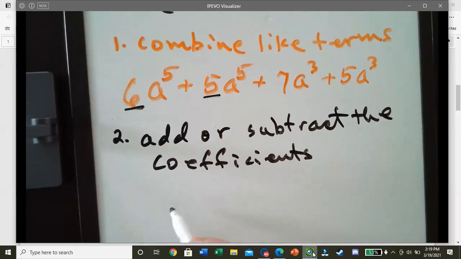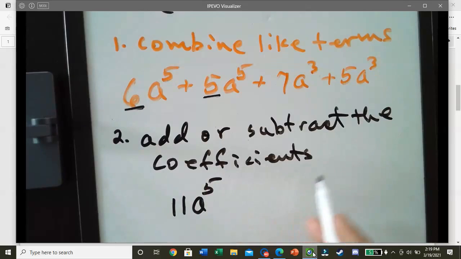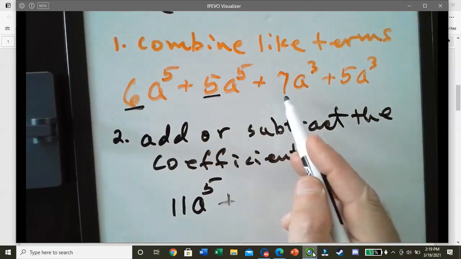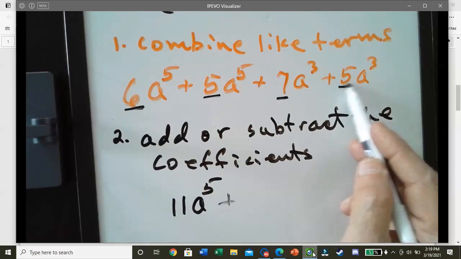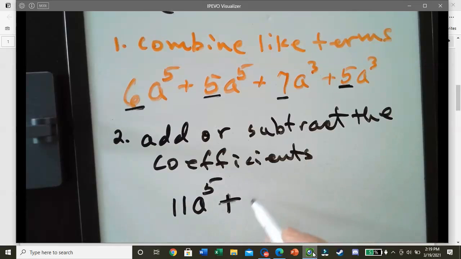That gives us a what? 11a to the 5th. So we don't do anything with the exponents when we're adding or subtracting. Okay? And then plus, we've got a 7 plus 5. That gives us a what? What's 7 plus 5? 12. A to the 3rd.